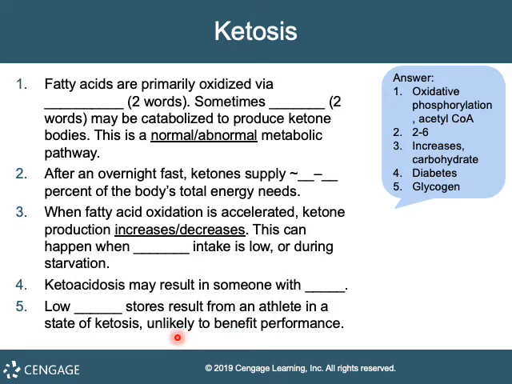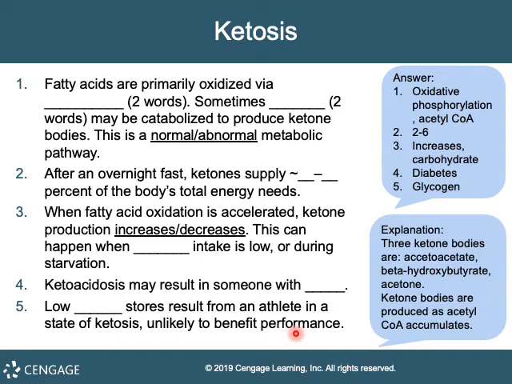However, the majority of experts in the field say there may be some training benefits, but it definitely does not benefit performance. 3 of the ketone bodies that are made that will put someone into ketosis are acetoacetate, beta-hydroxybutyrate, and acetone. Ketone bodies are produced as acetyl-CoA accumulates.